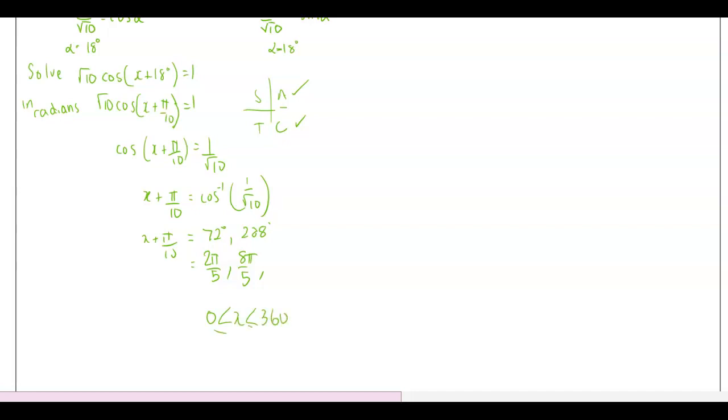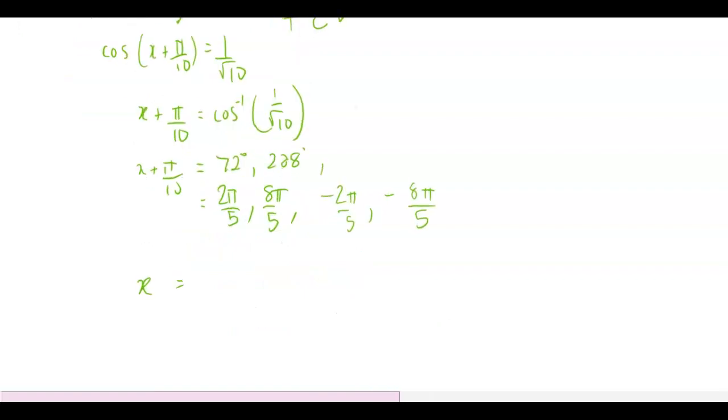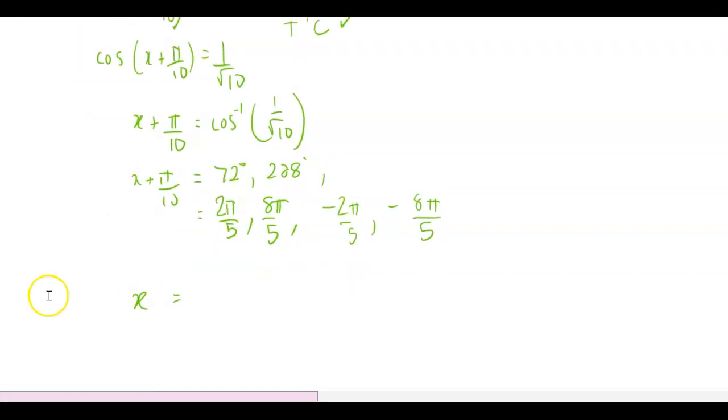But now we want answers that are going from minus 360 to 0. So what we're going to end up with is minus 2 pi on 5. And we're going to go minus 8 pi on 5 as well. Okay, so what we then want to do is find what x is.